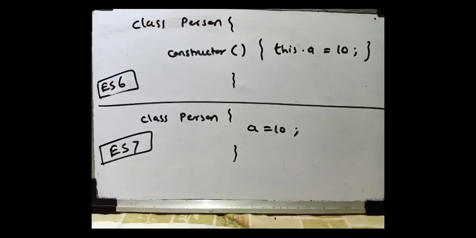This is a class person having a constructor. This is the way we use this variable: this dot a equal to some value. In ES7, the newer versions of JavaScript, no need of this dot a, it automatically maintains it. So if you simply write a equal to 10, it's equivalent to this dot a equal to 10.